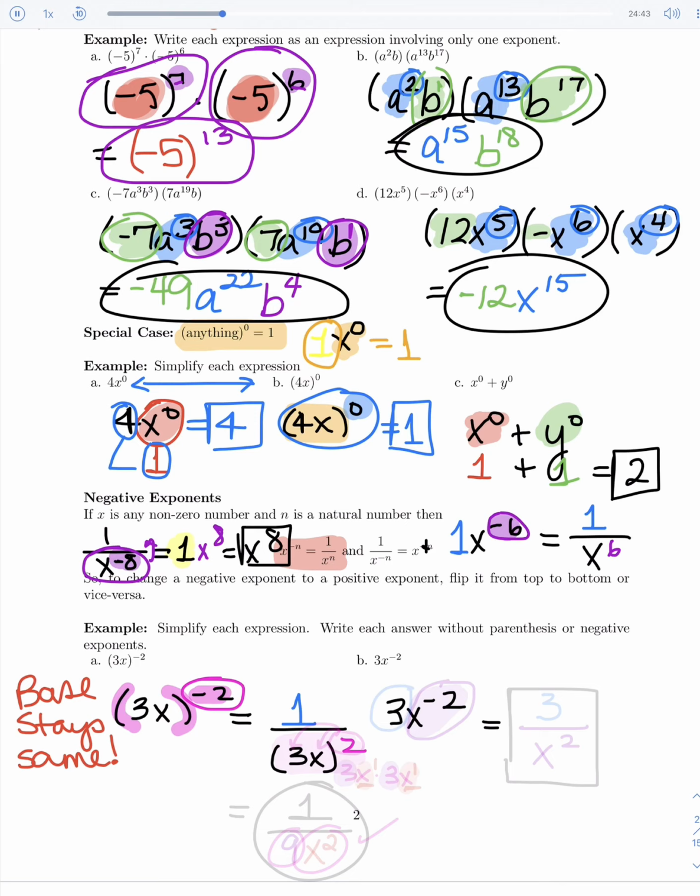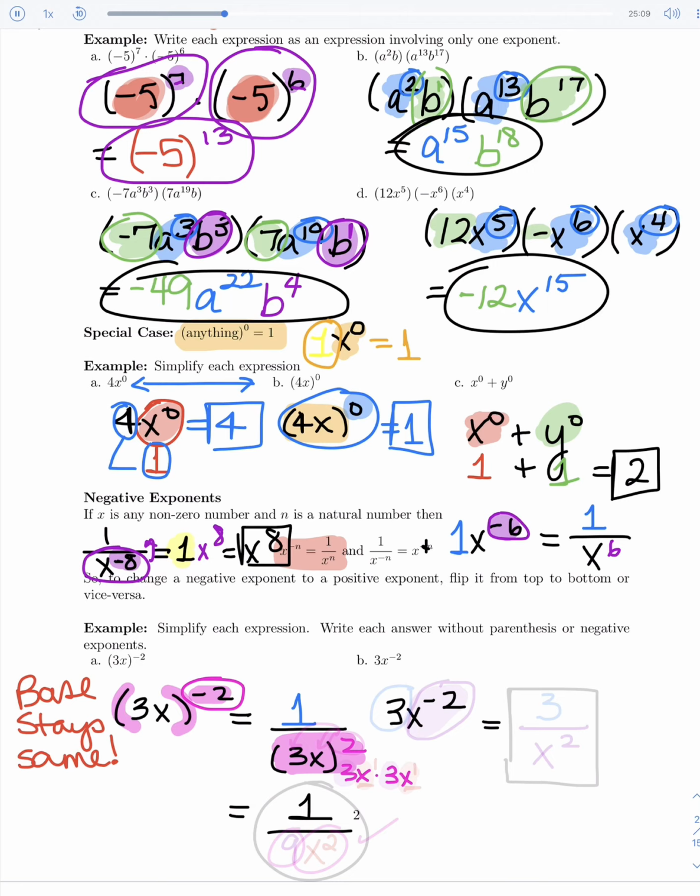There's some math we have to do. We have to deal with this 3x squared on the bottom. We can't leave it with parentheses there. So, what does 3x squared mean? If you weren't sure, remember 3x squared means we've got a 3x times another 3x. Squared means there are 2 copies of something.